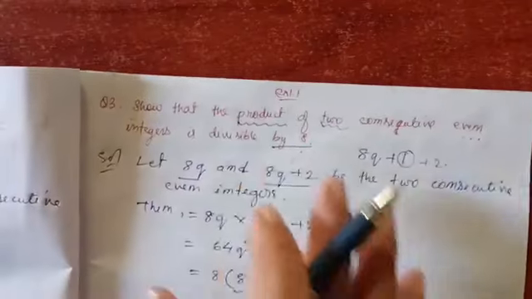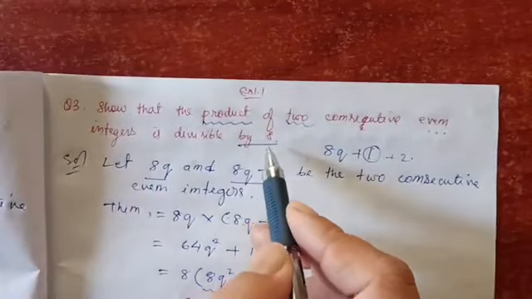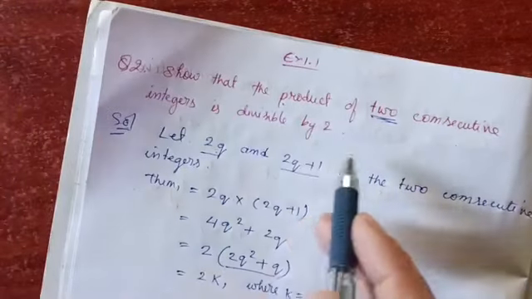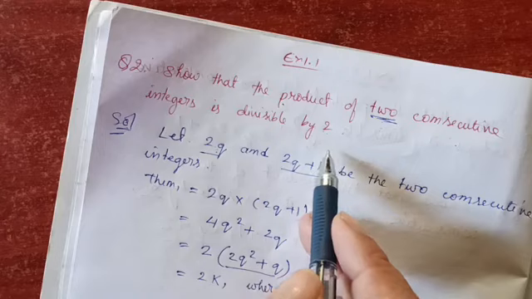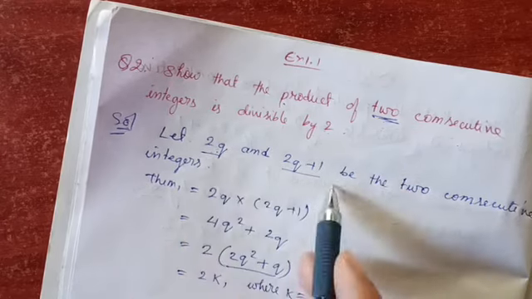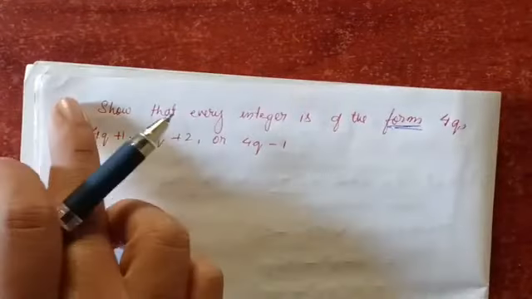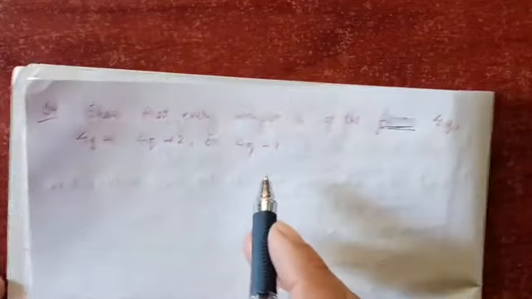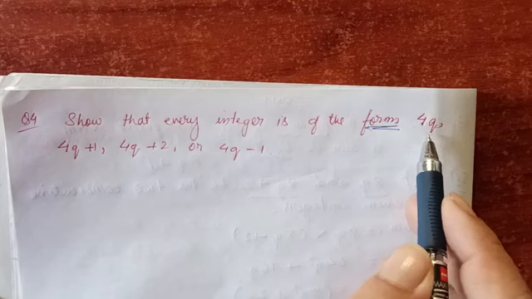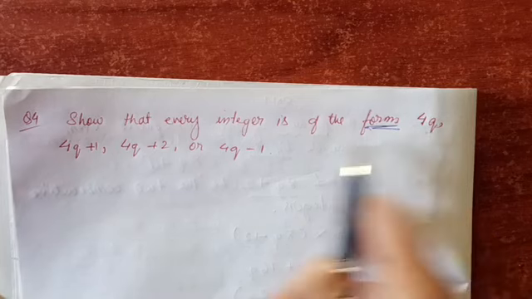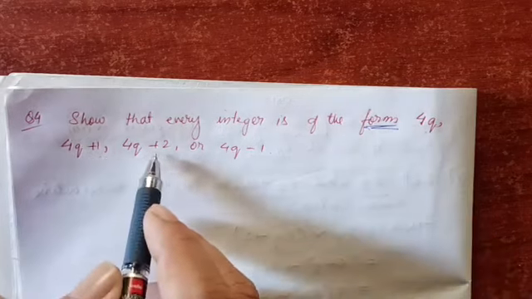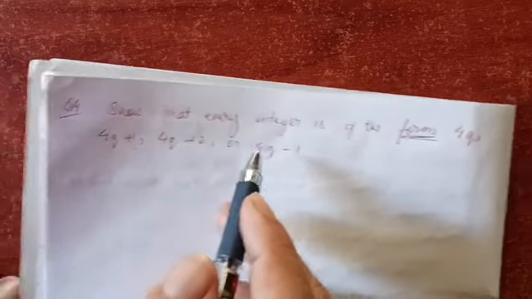Look here, in question number 3, it gives only by 8, right? If it is question number 2, then see, by 8. So they never give such a type of form as 2q, 2q plus 1. Alright, so here in question number 4, before we solve, the question is already giving the forms: 4q, 4q plus 1, 4q plus 2, or 4q minus 1.